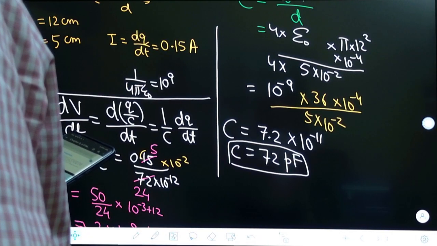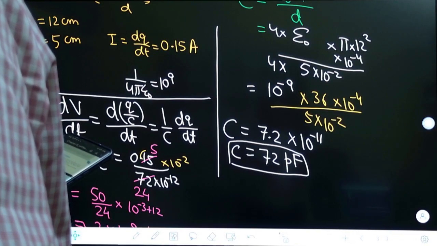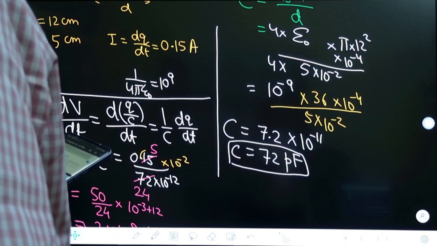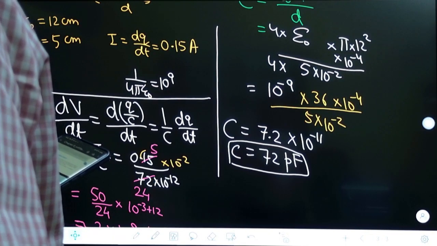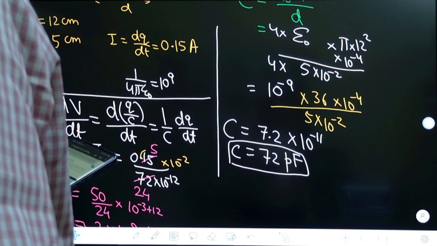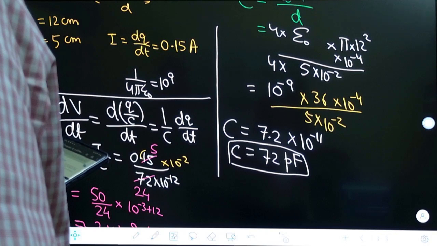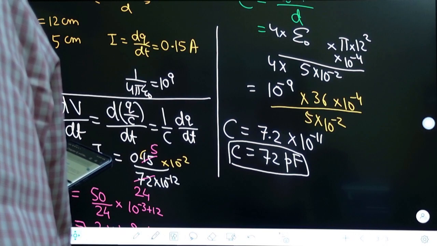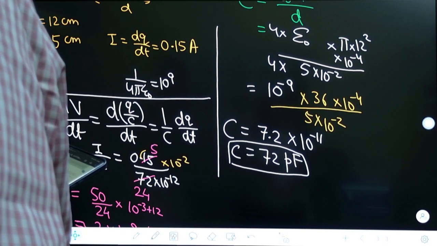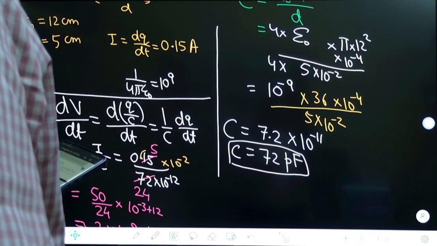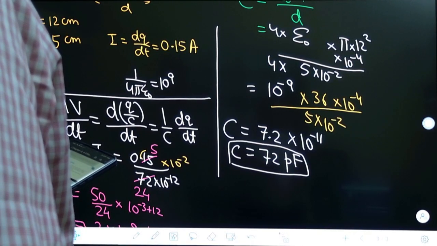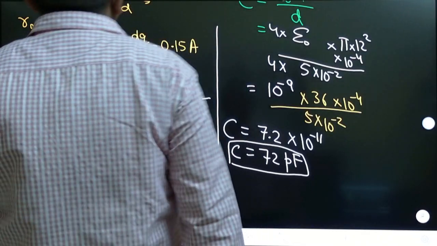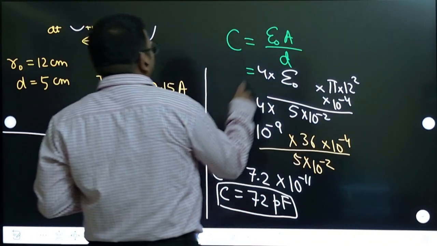8.11 it is coming. Check out this. Two different answers cannot come. Anything mistake in this? Epsilon naught area by d.